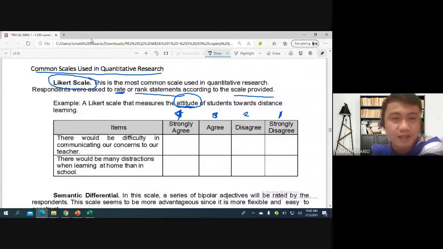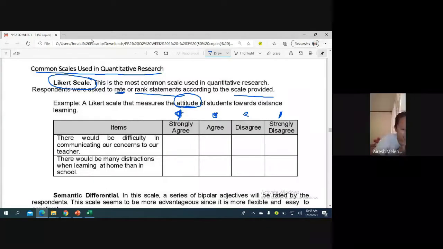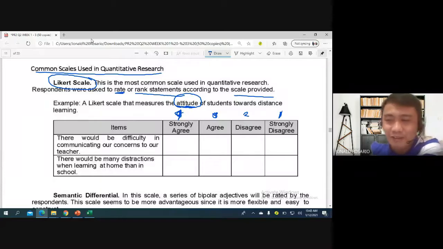Kung sasagot si Irish, ano sa tingin mo? There would be difficulty in communicating our concerns to our teacher. Strongly agree, agree, disagree, strongly disagree. What do you think, Irish? Agree. Buti hindi mo nilagay strongly agree. Okay. Agree.